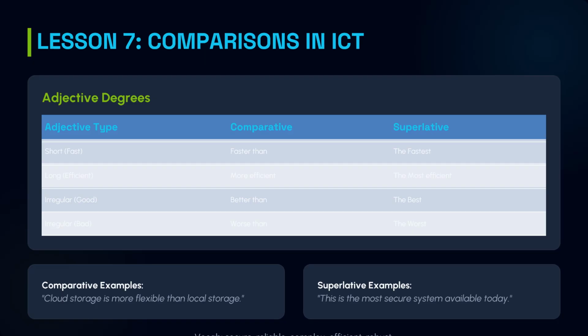So here we understand that for a short word of one syllable, we add ER for comparatives and EST for superlatives. However, for long words containing more than one syllable, we use the adverb more before the adjective and the most before the superlative.